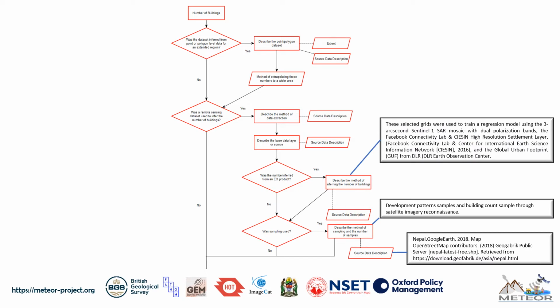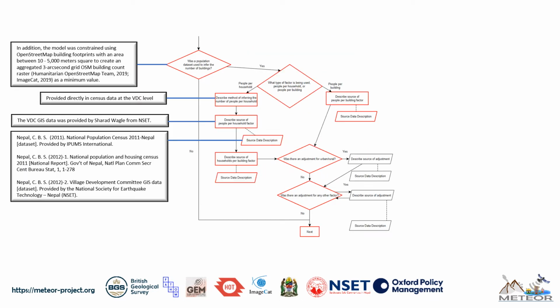These selected grids were used to train a regression model using 3 arcsecond Earth observation data, which includes the Sentinel-1 SAR mosaic with dual polarization bands, Facebook Connectivity Labs and CIESIN's high-resolution settlement layer, and the Global Urban Footprint from DLR. In addition, the model was constrained using OpenStreetMap building footprints with an area of 10 square meters to 5,000 square meters to create an aggregated 3 arcsecond building count raster as a minimum value.